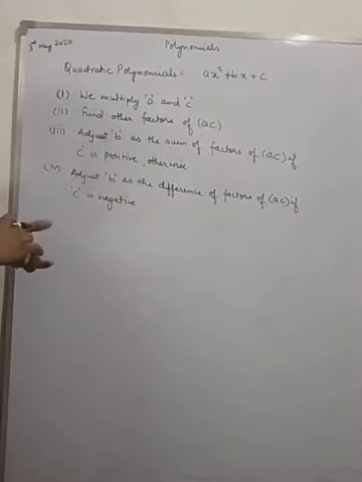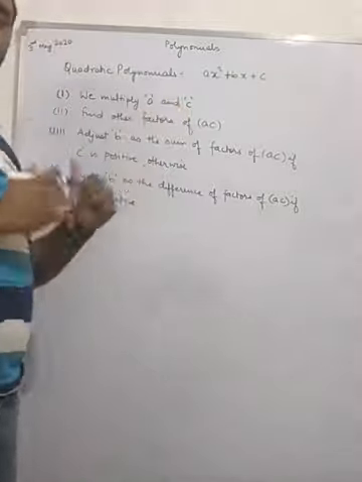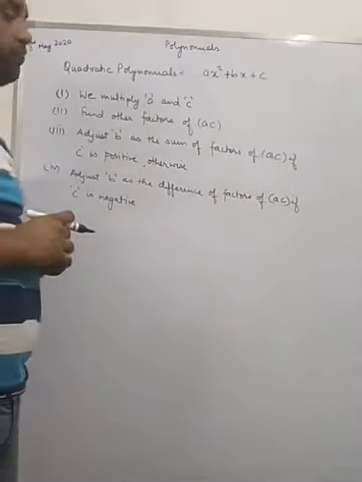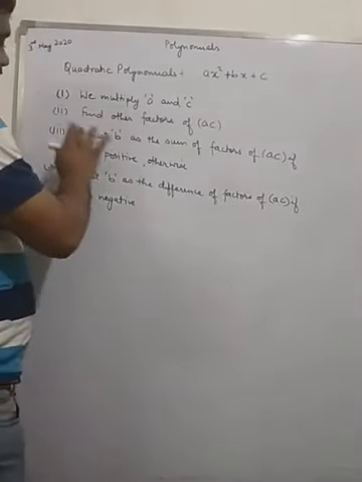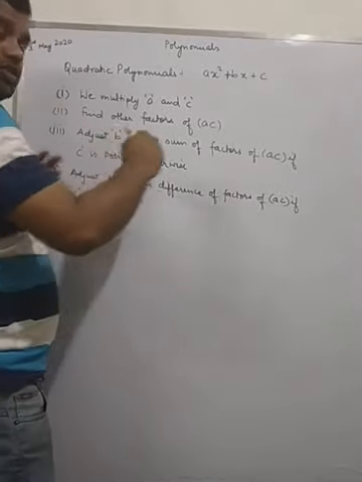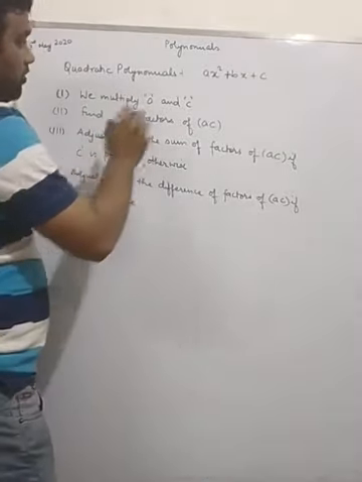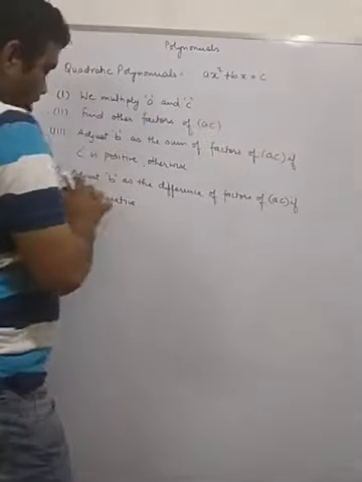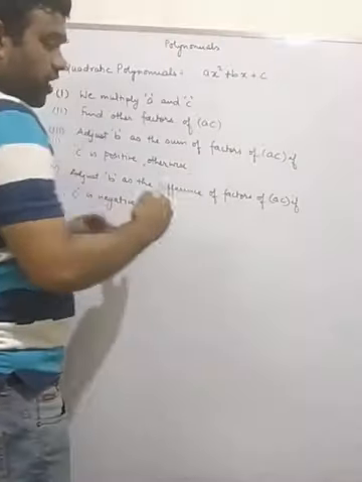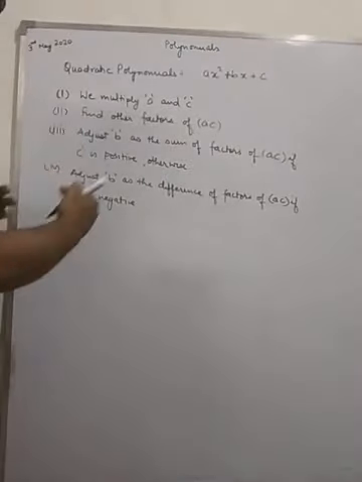So we do nothing else in the factorization of this quadratic polynomial. We simply adjust our B as the sum of some factors of AC when C is positive, and adjust B as the difference of factors of AC if C is negative.